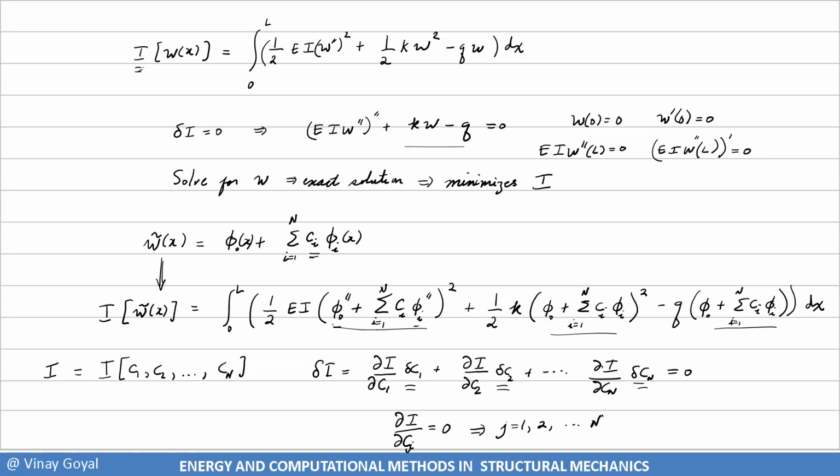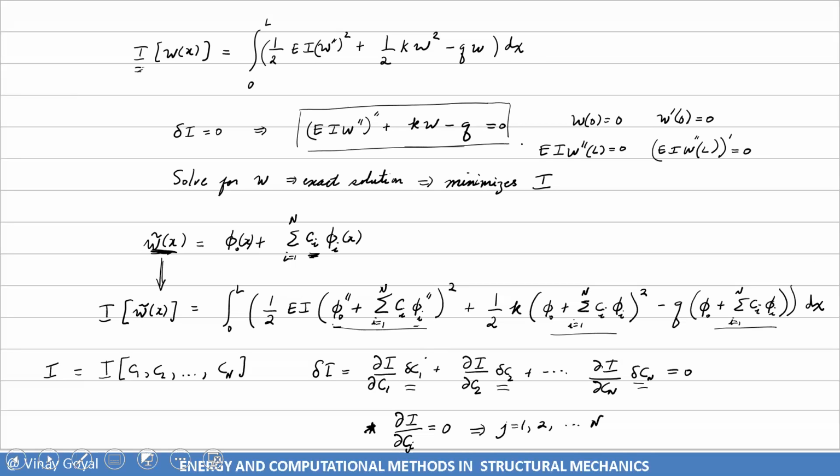How many equations do I have? N. How many unknowns do I have? N. So then I can plug those C's into here, which means I found the approximation function W that minimizes I, but at the same time, by doing that, I have conducted a mathematical miracle. I've also found the approximate solution to this differential equation.